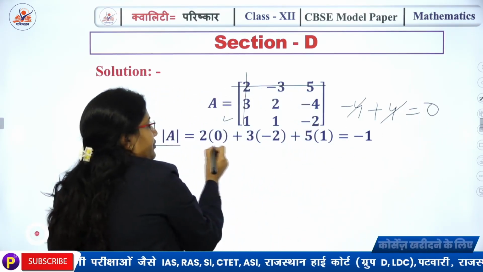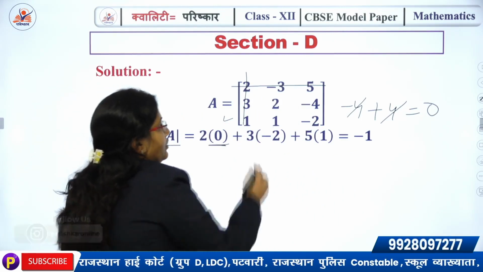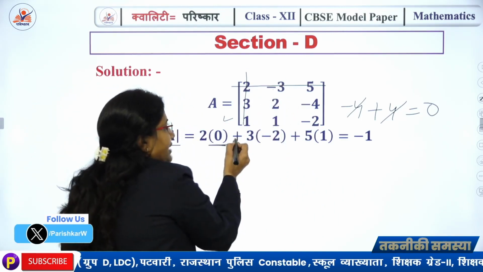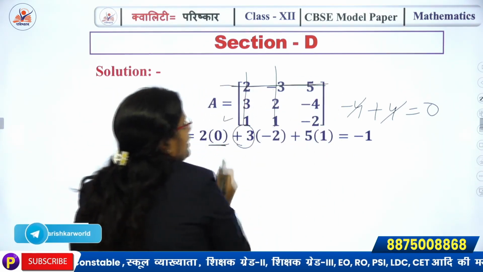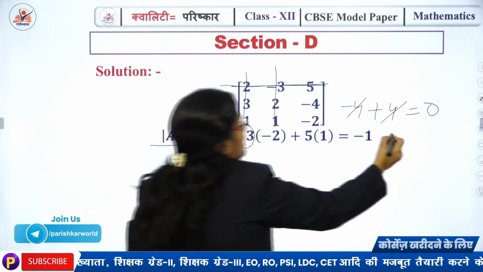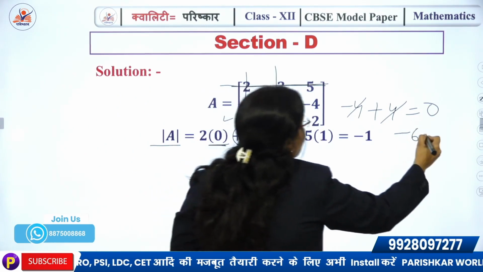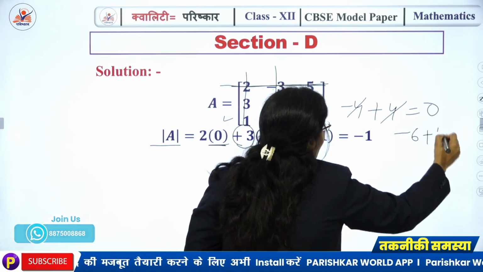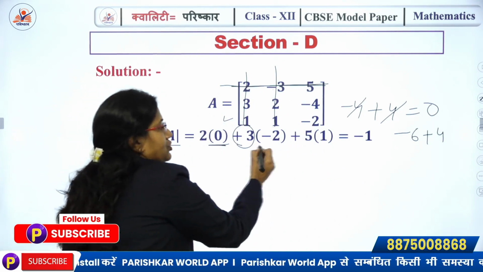So we have 2 into 0. For the second entry, we'll put minus of minus 3, that means plus 3. And after hiding this column and this row, we have 3 into minus 2, that means minus 6, and minus of 1 into 4, that is minus 4. So minus 6 plus 4 is equal to minus 2.